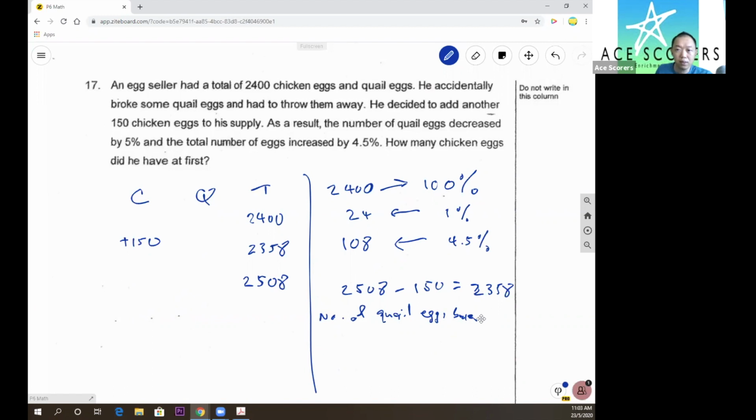Okay, what is the number of quail eggs broken? Two, three, five, sorry.